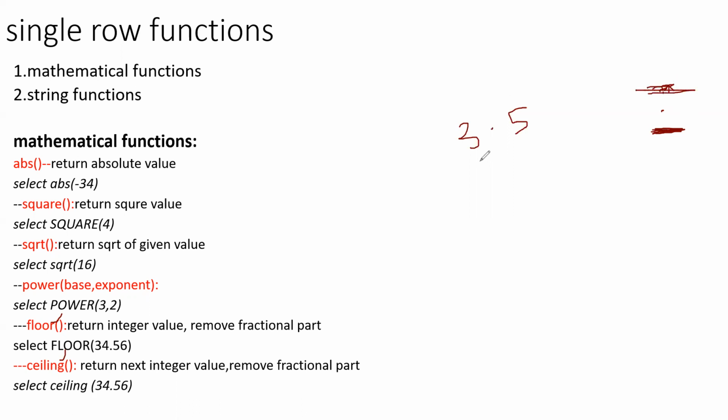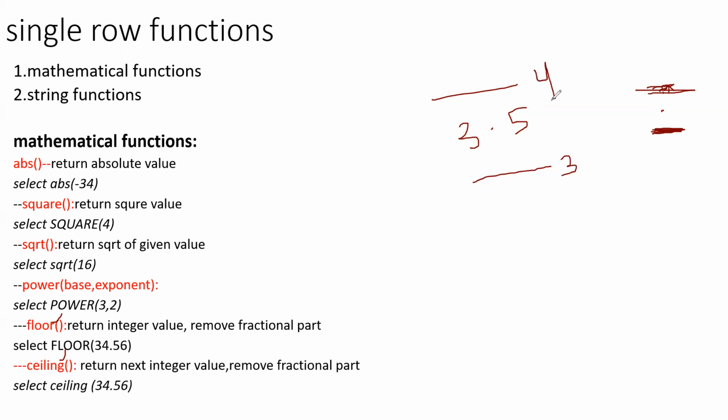In the same way, 3.5 is the value, and if you want to find the floor level, it means less than that. So what is the lower integer value for 3.5? Simply it's 3. If it is ceiling, what is the nearest round-up value to 3.5?